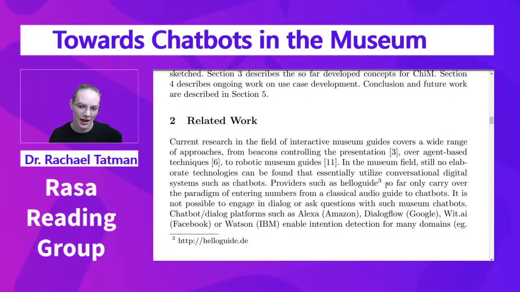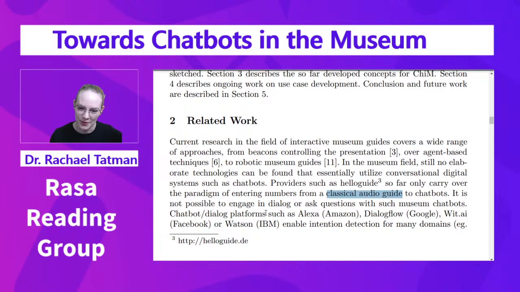Providers such as Hello Guide so far only carry over the paradigm of entering numbers from the classical audio guide to chatbots. Okay, gotcha. So they do have basically an IVR system, like press 4 to learn about the sculptor or something like that. And this, I guess this isn't current anymore, but this is something that I used a lot in my childhood.